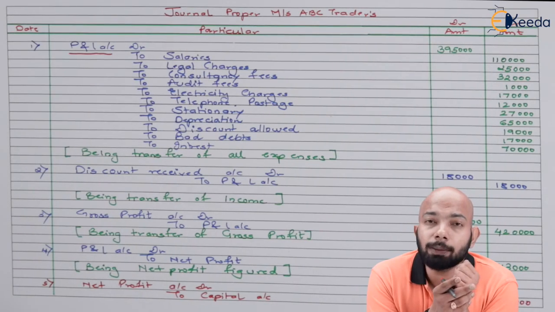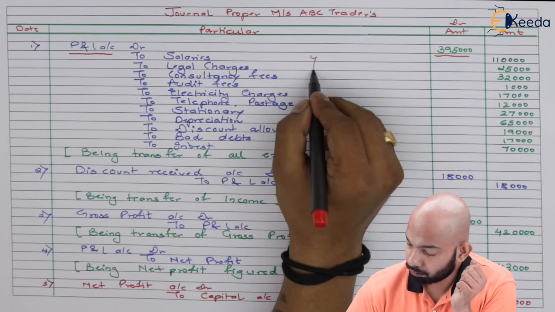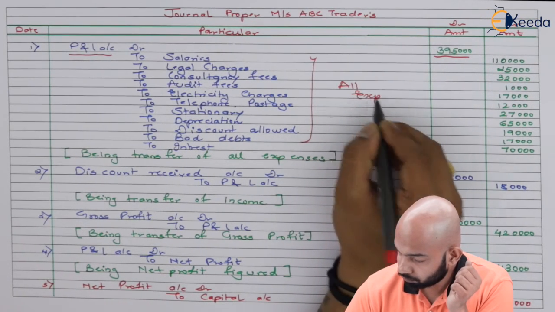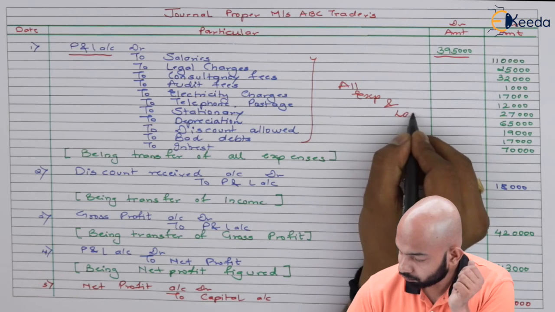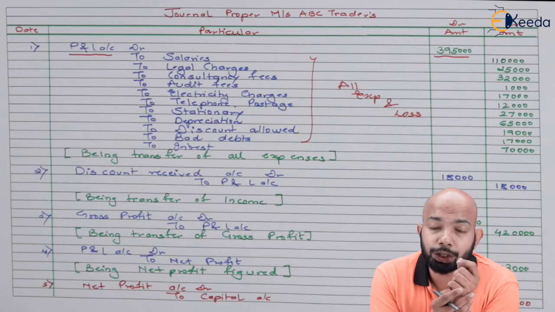The total amount comes to 3,95,000. So all expenses and losses have been mentioned.